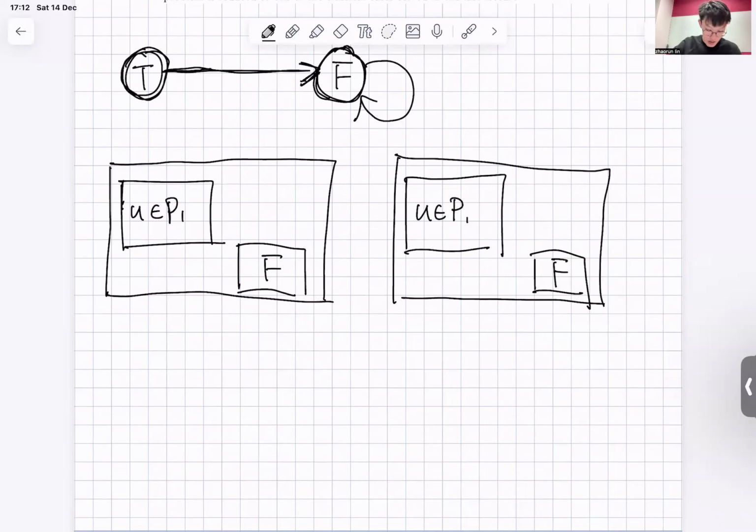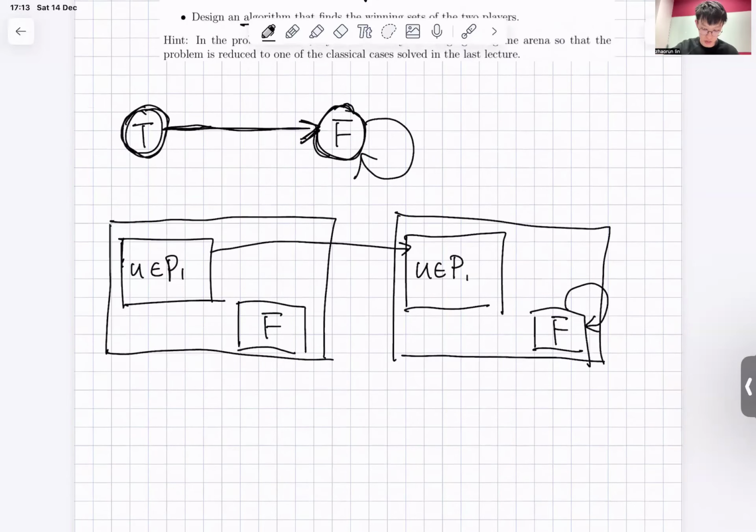It means that we want to go from a vertex in the first copy to the second copy. And for the vertices in the second copy, we can also use the same algorithm here. We can remove all its outgoing edges, and then we create a self loop. So if we reach this set, we will stay in F forever. But for the F in the first copy, we will not modify it.